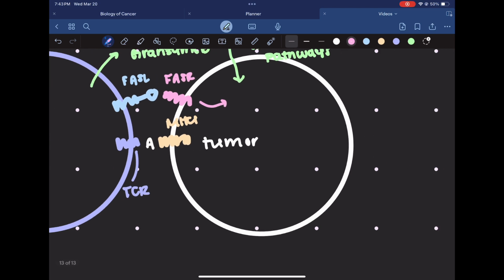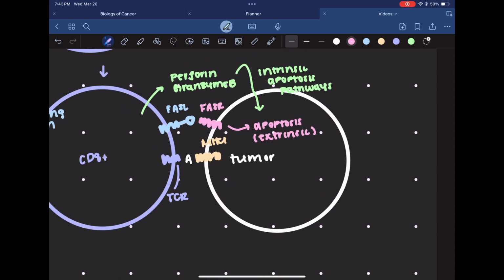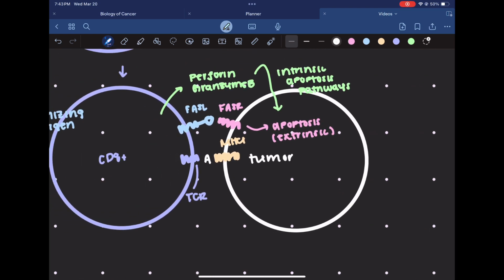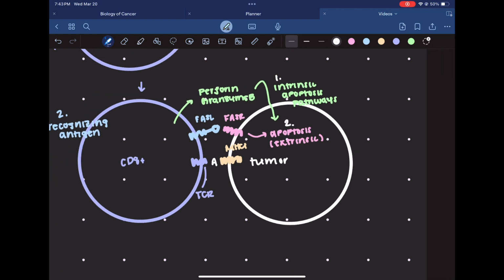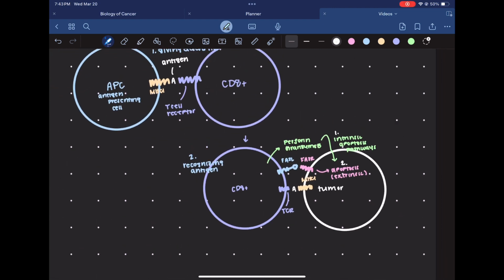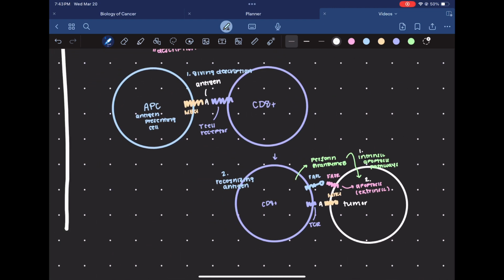And this is going to lead to apoptosis as well. Except this time it's going to be extrinsic signaling. So we have two different mechanisms of inducing apoptosis, either through intrinsic or extrinsic signaling pathways once we've recognized an antigen that's present, right? And we're going to degrade this tumor cell.